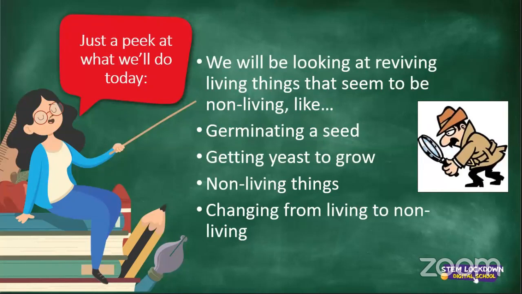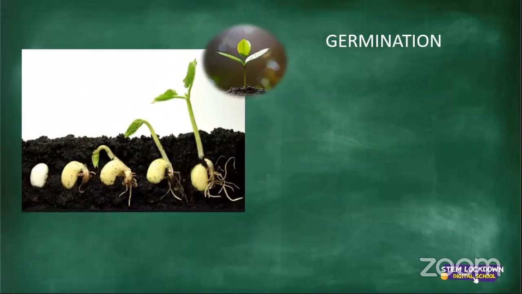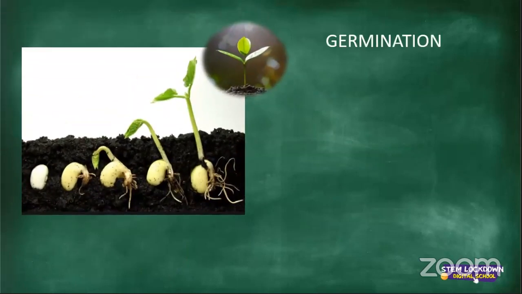Okay, and then we are going to have a look at things that can change from living to non-living. Let's look at the process of germination. Here we have a little plant.